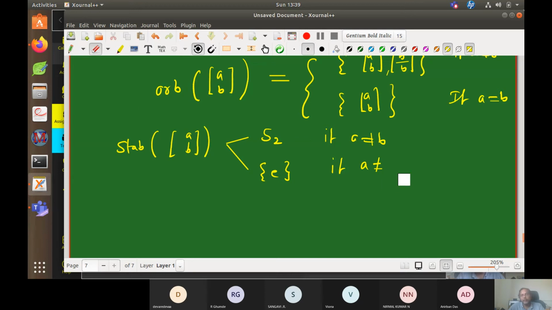Sorry, here a equals b, and here a is not equal to b. If a is not equal to b, the identity is the only thing which fixes it, right?